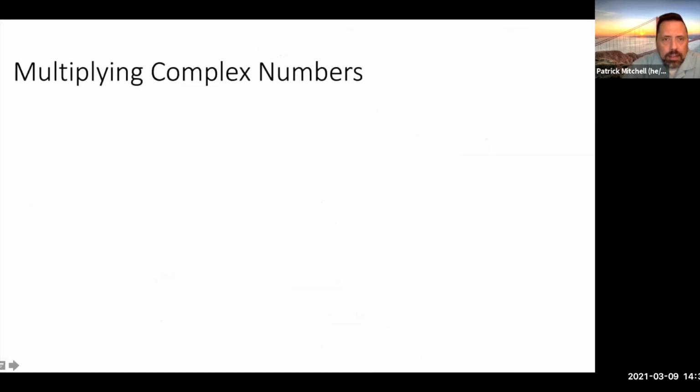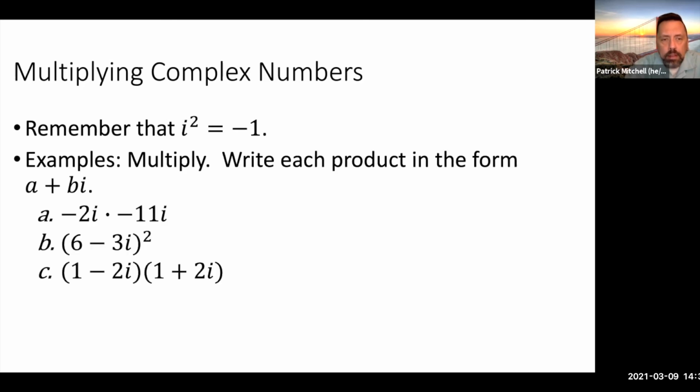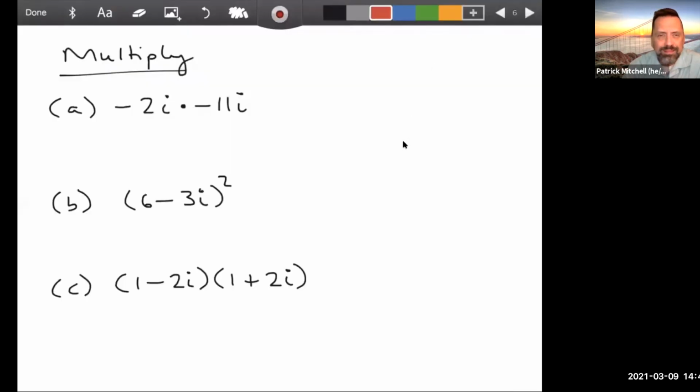All right. Next, we have multiplying complex numbers. So remember that i squared is negative 1. That's key for any multiplication problem. And we will look at these examples. All right, so first we have negative 2i times negative 11i.